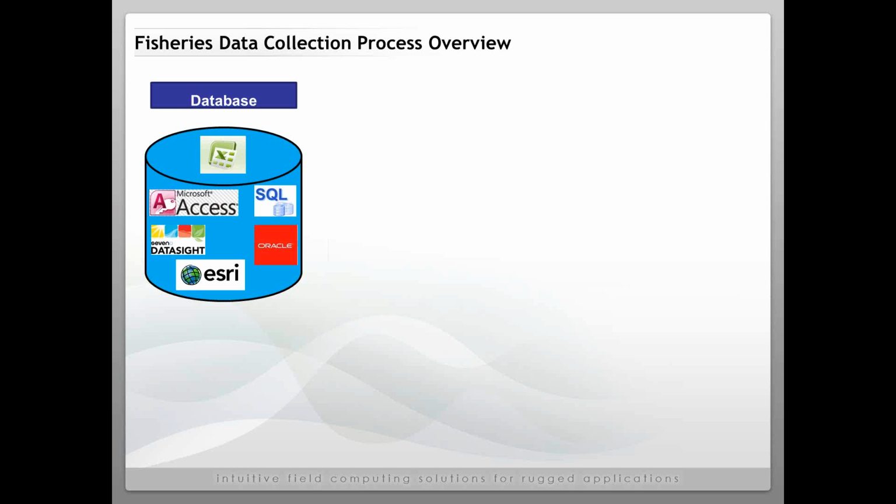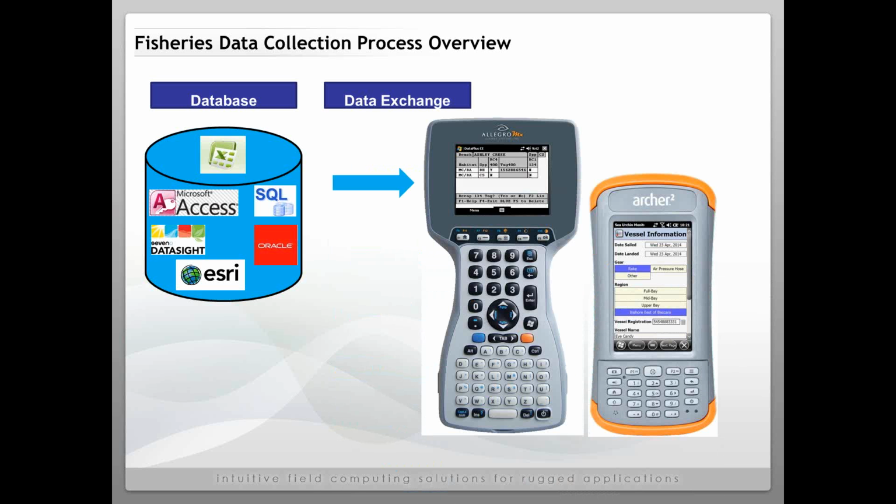There are some other specialized environmental monitoring databases that do a really good job of integrating sensors and other equipment, such as 7Node DataSite. But many people just use Excel as their database, and that's perfectly all right, depending on your application. So generally, there's some process of data exchange to send a project over to your rugged field computer.